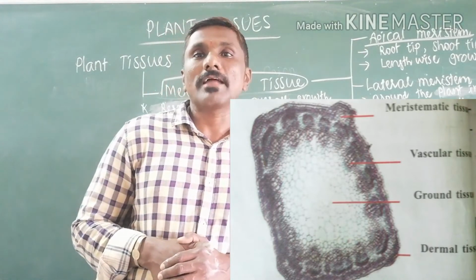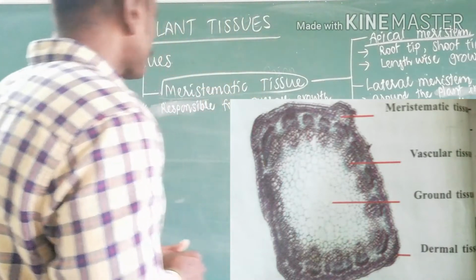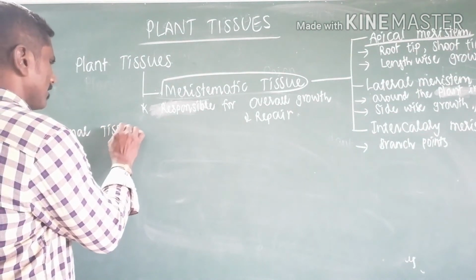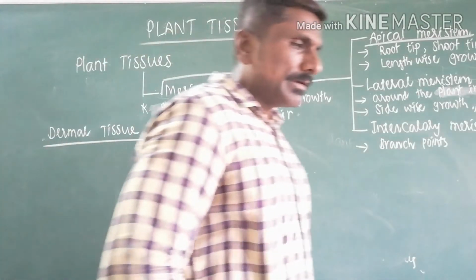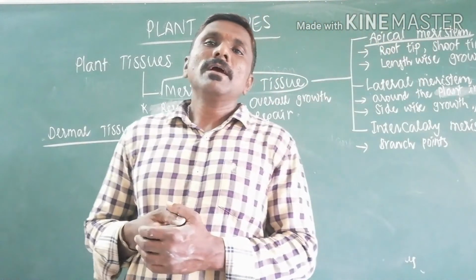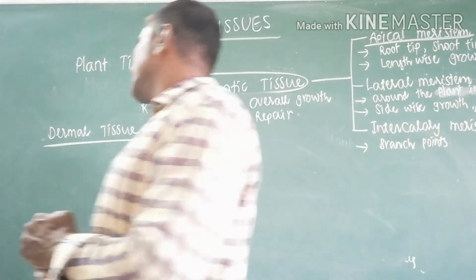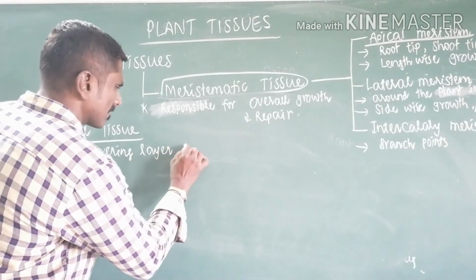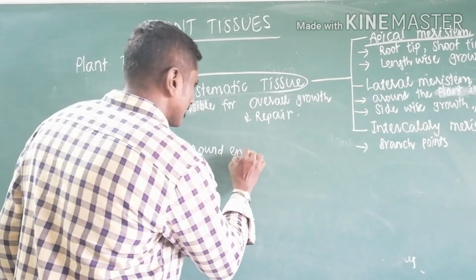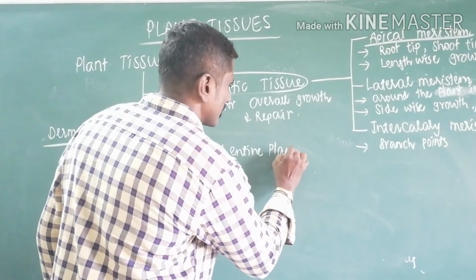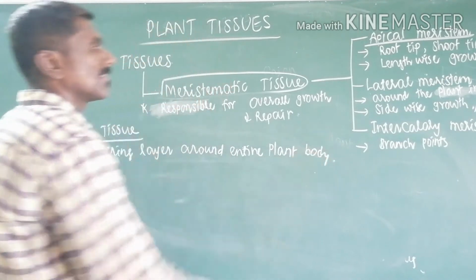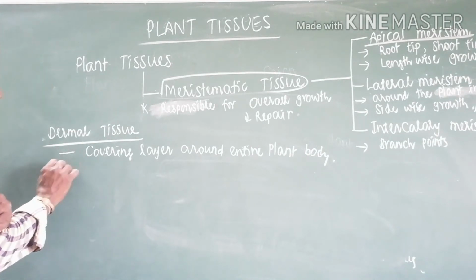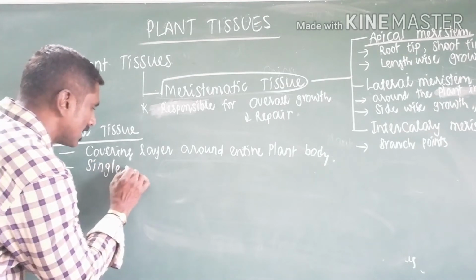And next we switch to another plant tissue, the dermal tissue. Dermal tissue is a covering layer of the plant around the entire plant body, and it possesses a single layer of cells.